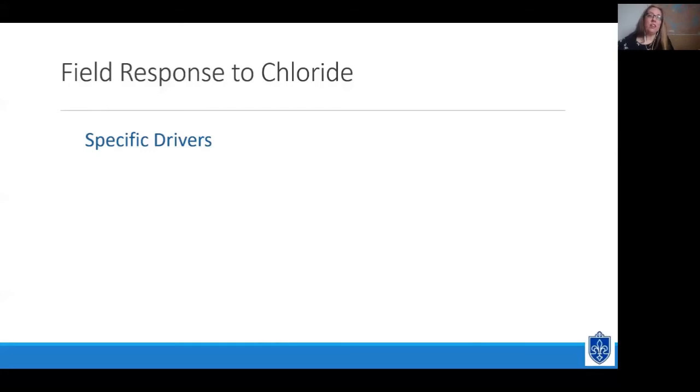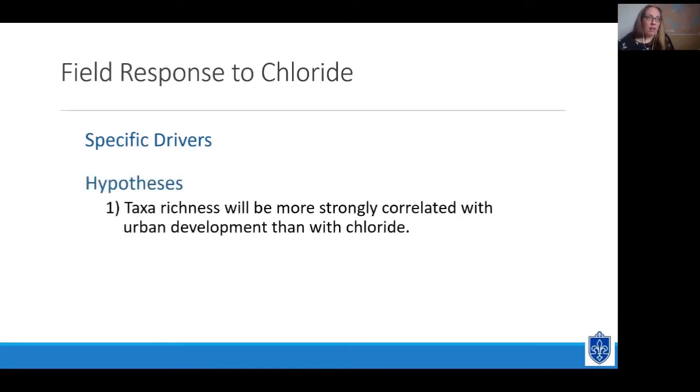So for the second study, I used data loggers to establish a chloride record with high temporal resolution in order to explore two hypotheses on the effects of chloride on aquatic macroinvertebrate assemblages, and those are tested using different levels of taxonomic identification. So my first hypothesis is that taxa richness will be more strongly correlated with urban development than it will with chloride.